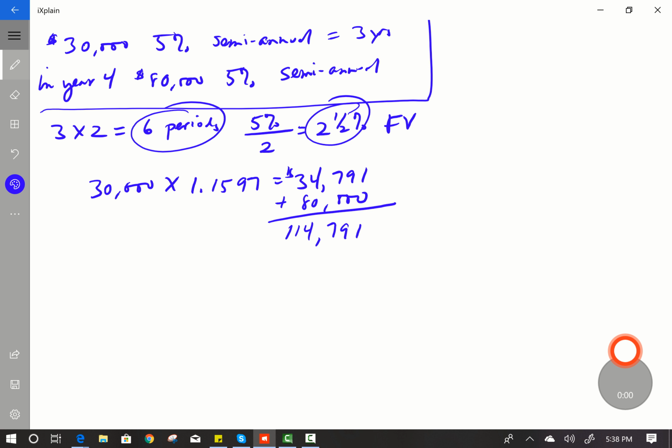So I'm going to take that times the corresponding factor of 6 periods and 2.5% on the future value table, which is still 1.1597, and that would equal the future value of $133,123.12.